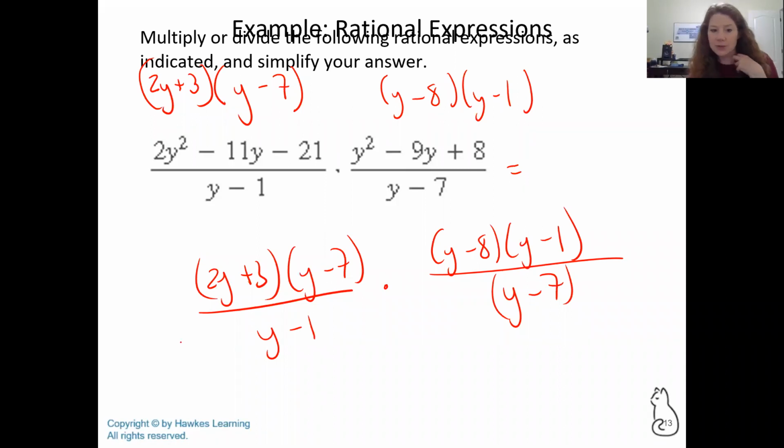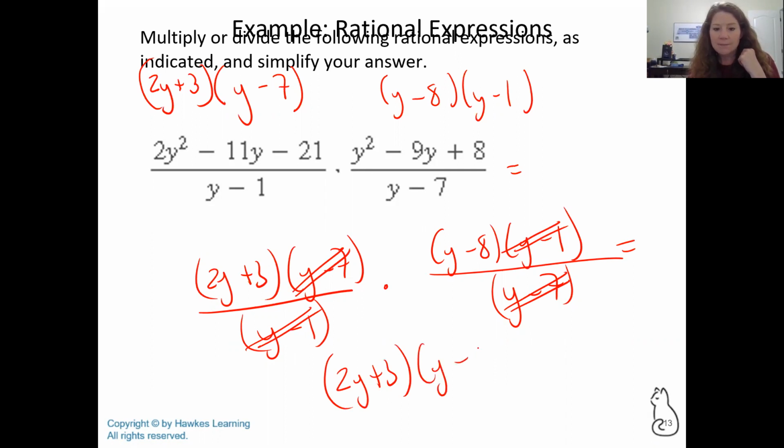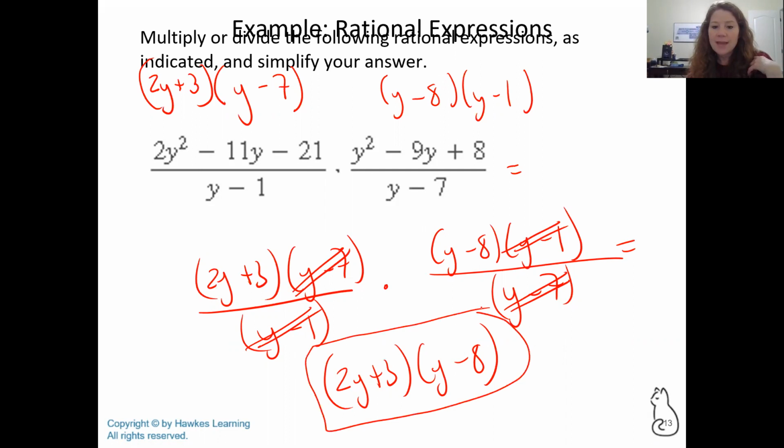All right, let's see what cancels. So we have y minus 7 cancels, and then y minus 1 cancels. So basically what we have only in the numerator is 2y plus 3 times y minus 8. All right, so we could FOIL this and that would be a good answer, or we can leave it in this form and that's our answer. So our denominator is 1, which we don't need to write, but that is our answer.